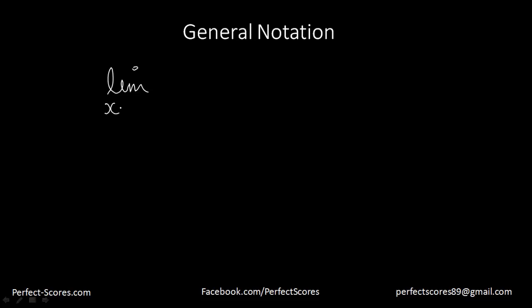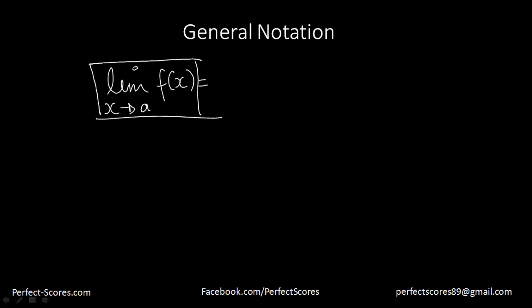The general notation of a limit is: you write lim, and you have your variable, let's suppose x, tending to a number, let's suppose a, then f of x will be equal to what? A limit tests what this function becomes if the value of x tends to this. So this is the general meaning of a limit.